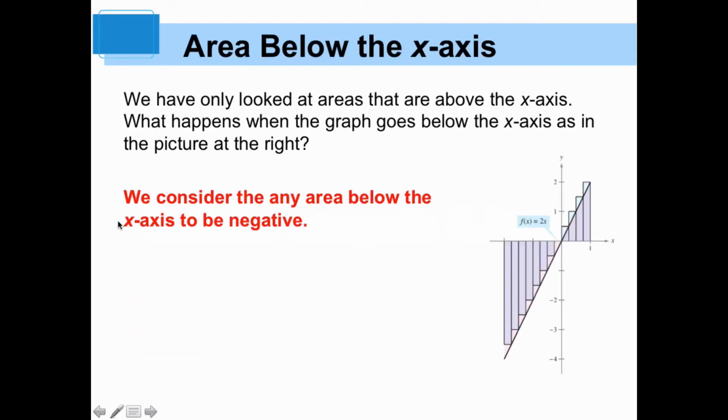And there's the explanation. Any part of a curve that ends up below the x-axis becomes a negative area. That's just how it's defined. And you'll see why it becomes negative when we start doing actual definite integral calculations. But for now, you just need to remember that anything below the x-axis is going to be negative. It doesn't have to be on the left side of the y-axis.